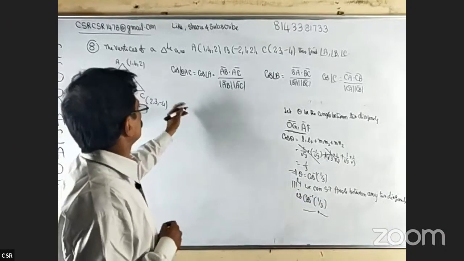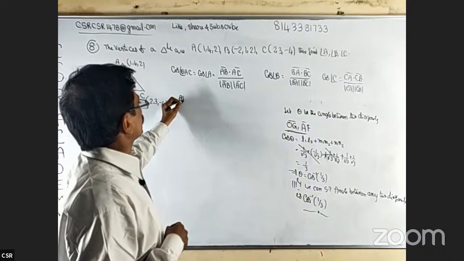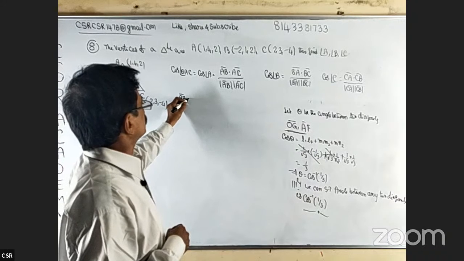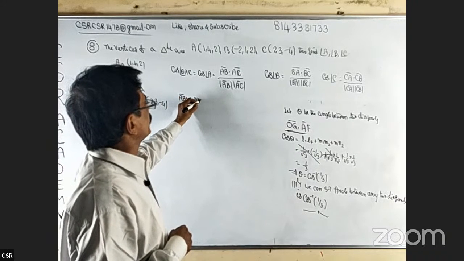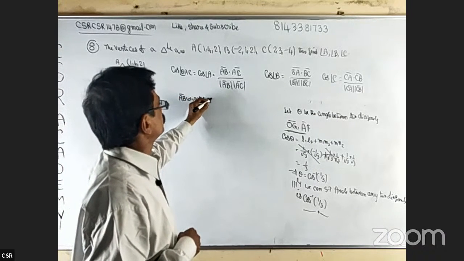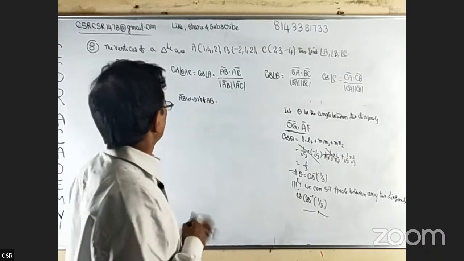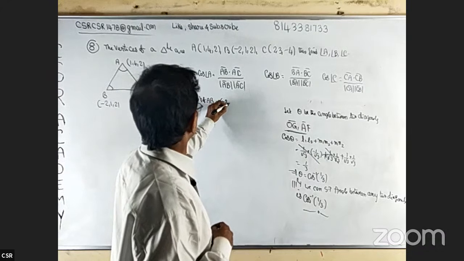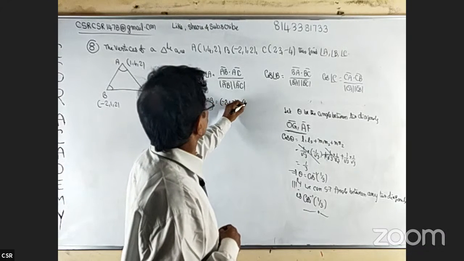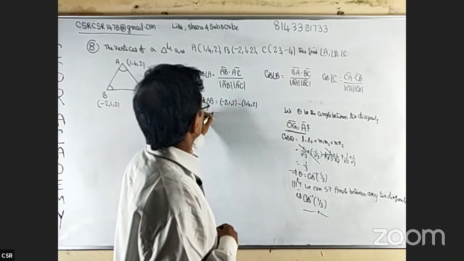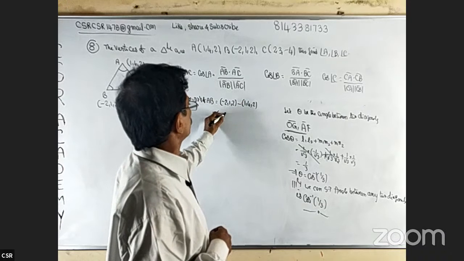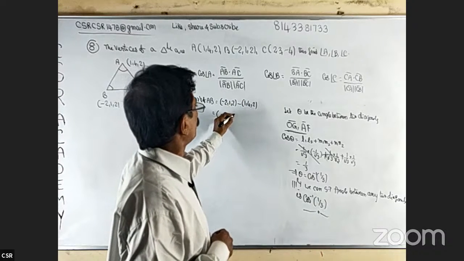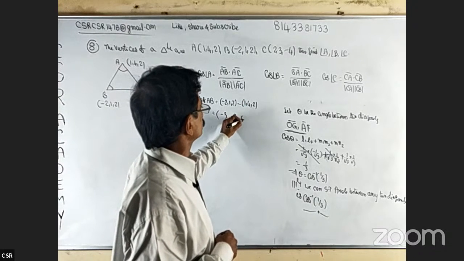Now, AB bar is nothing but the direction ratios of AB. Both are the same. Now, that means B point minus A point: minus 2 minus 1, 1 minus 4, 2 minus 2.